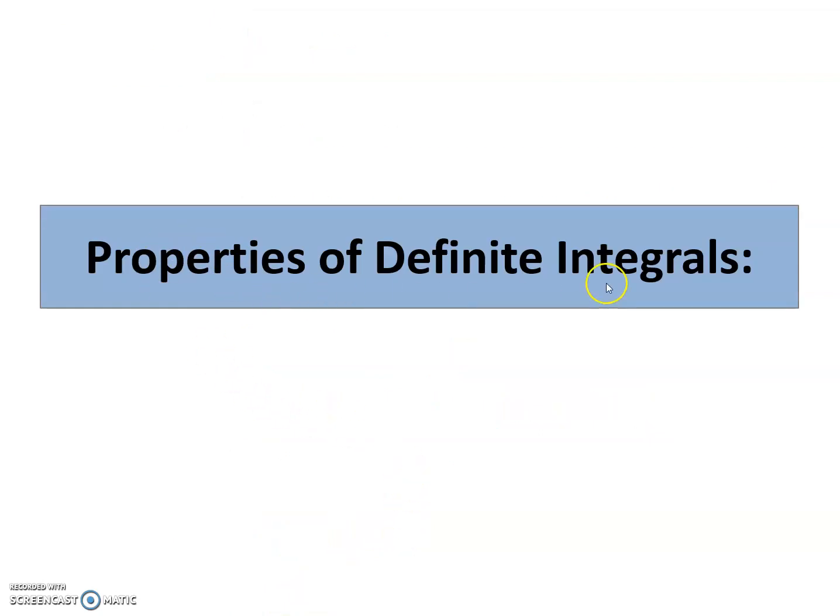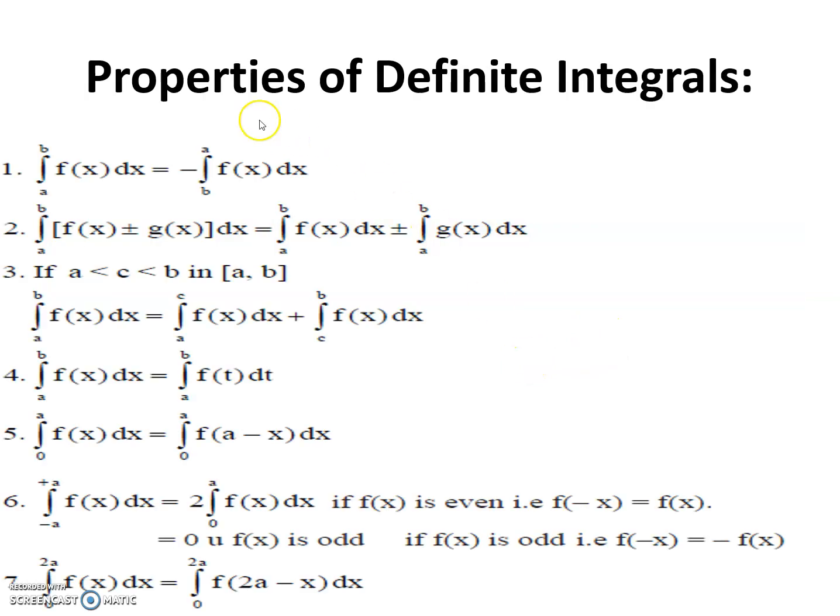Now we have to take an example based on properties of definite integrals. We have to revise the properties of definite integrals again. First property: lower limit a, upper limit b, f of x dx is equal to minus lower limit b, upper limit a, f of x dx.